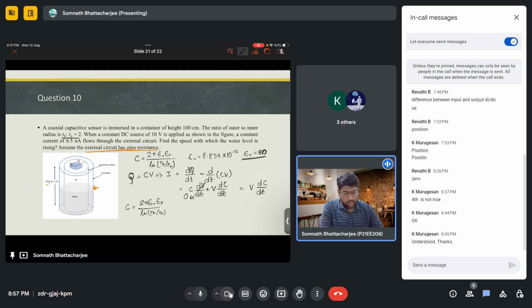So what will happen, up to here, if this is in 2D, for this part itself there will be a different epsilon, right? And for this part there will be a different epsilon. So we'll remove the epsilon r here. So if this is, let's say, the epsilon of water and that is epsilon naught.